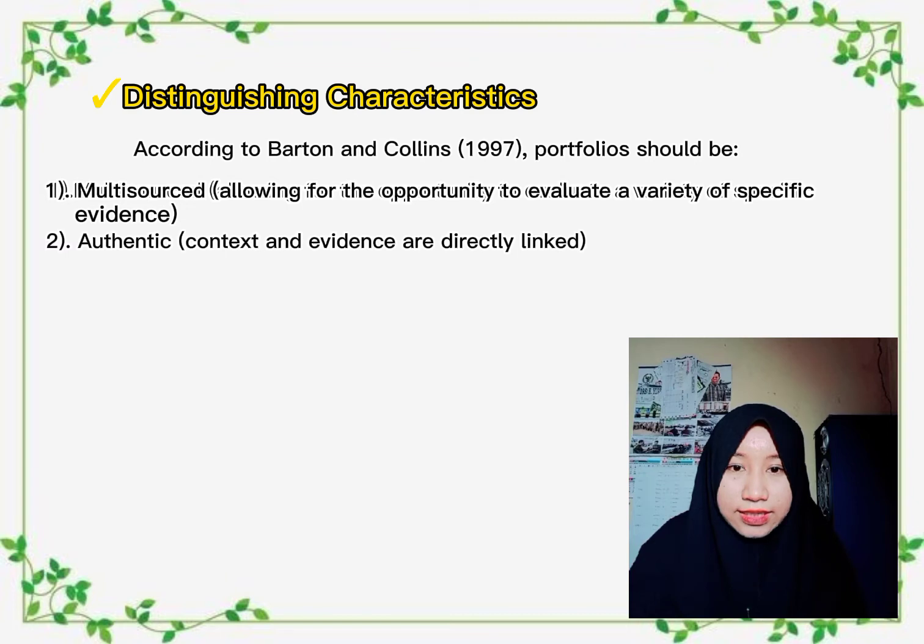Two, authentic. Context and evidence are directly linked. The items selected or produced for evidence should be related to program activities as well as the goal and criteria. If the portfolio is assessing the effect of a program on participants or communities, then the evidence should reflect the activities of the program rather than skills that were gained elsewhere.